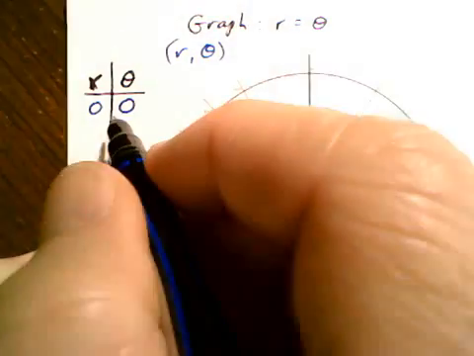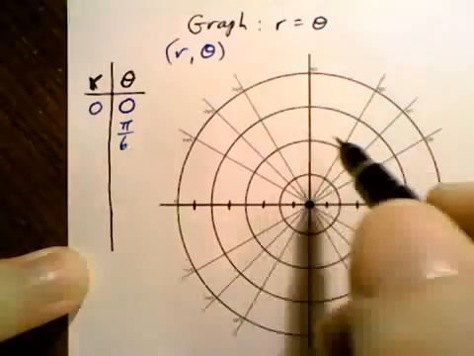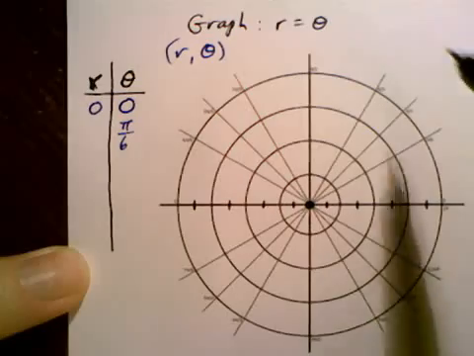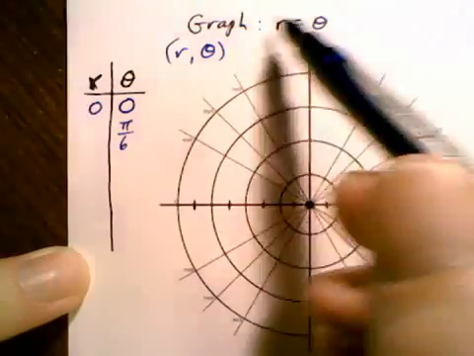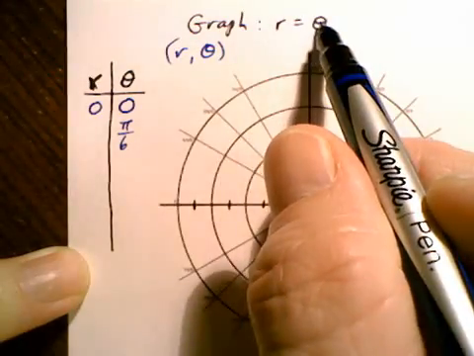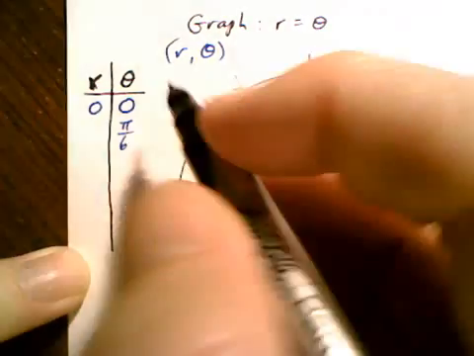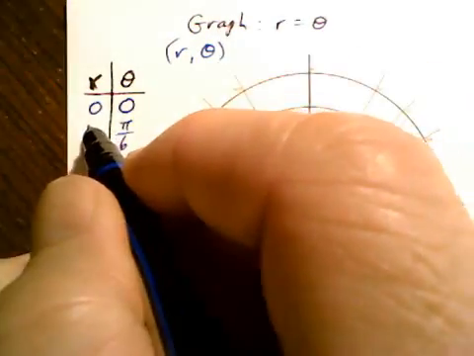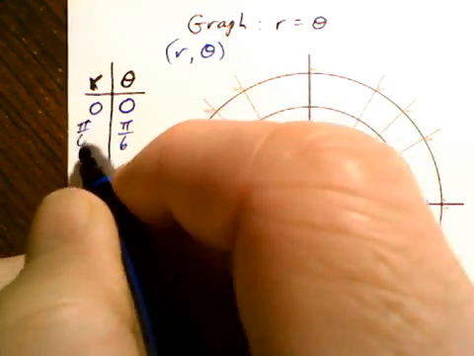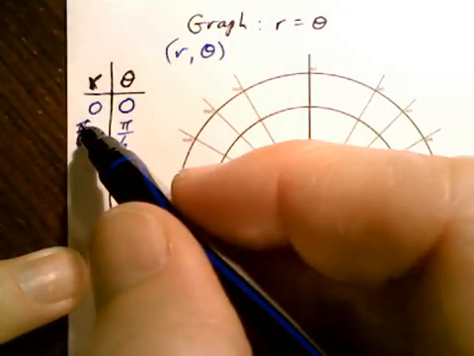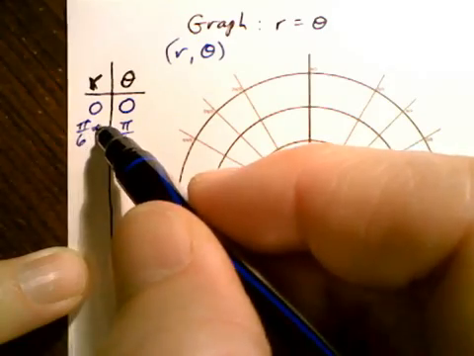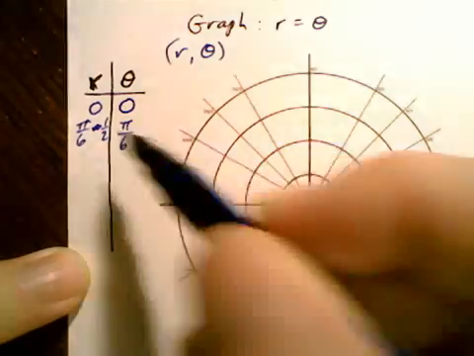Let's pick pi over 6. Again, this is the easiest of all the graphs you'll graph, r equals theta. So if theta is pi over 6, then r is pi over 6. How far is that? Well, pi is about 3, so that's about 1/2.